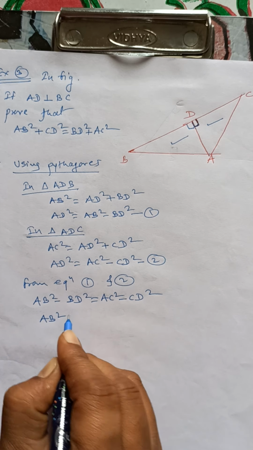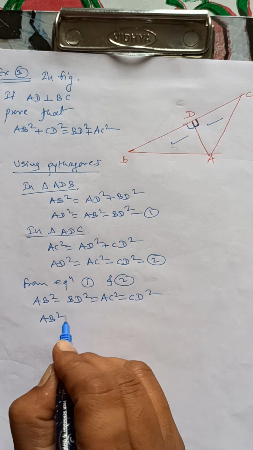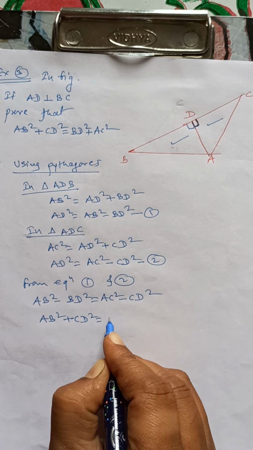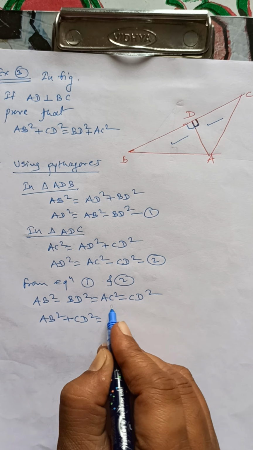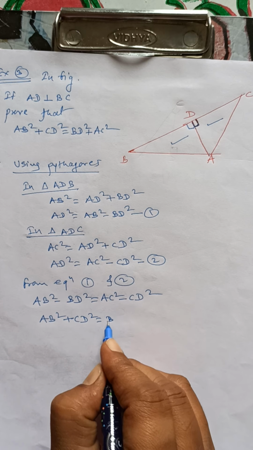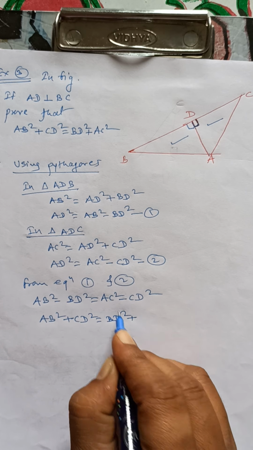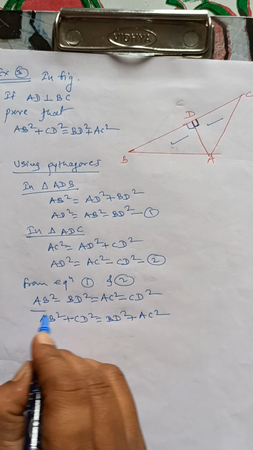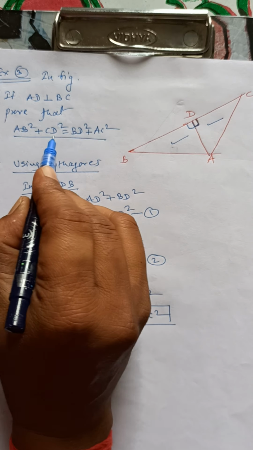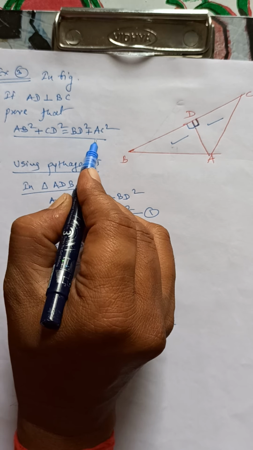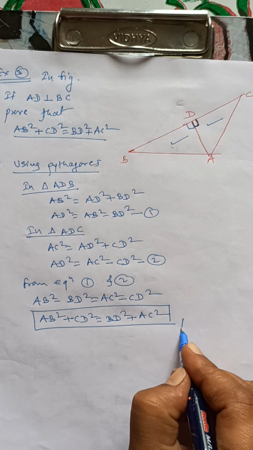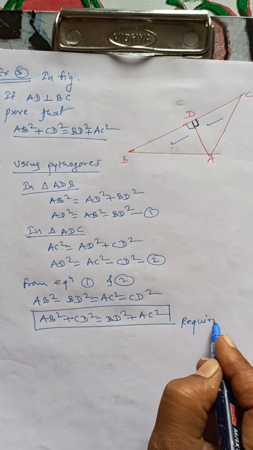So AB square plus CD square is equal to BD square plus AC square. This is the required thing.